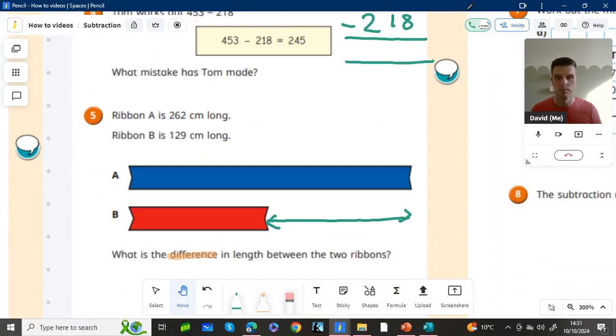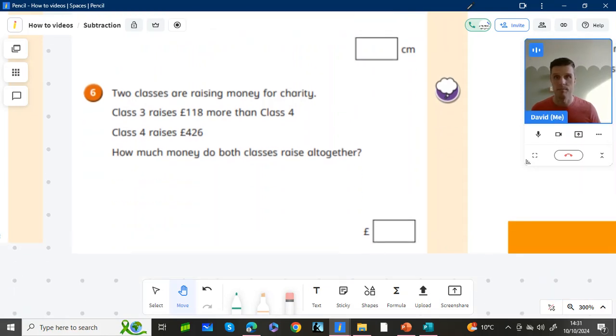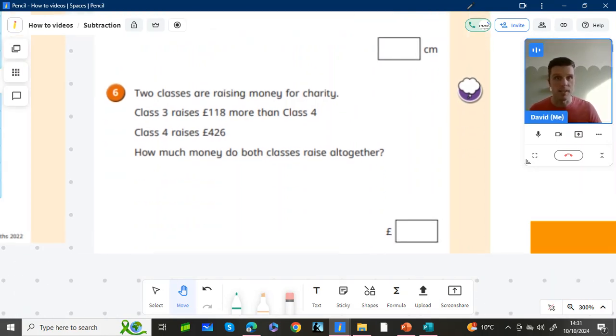Okay, question 6. 2 classes are raising money for charity. Class A raises £118 more than Class 4. Class 4 raises 426. How much money do the classes raise altogether?